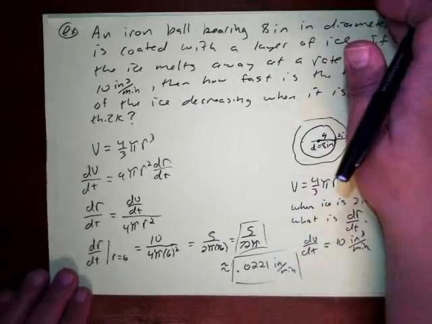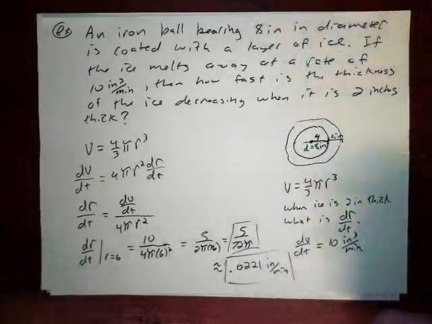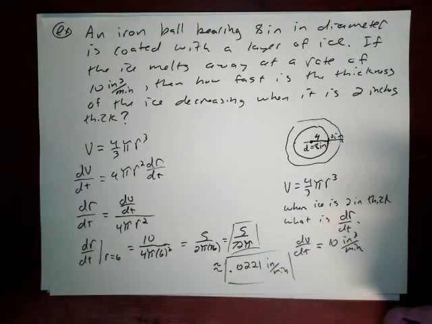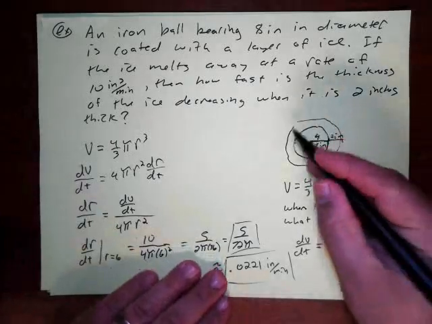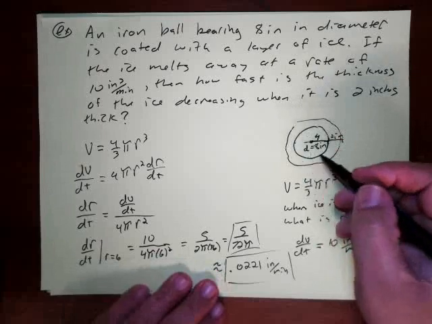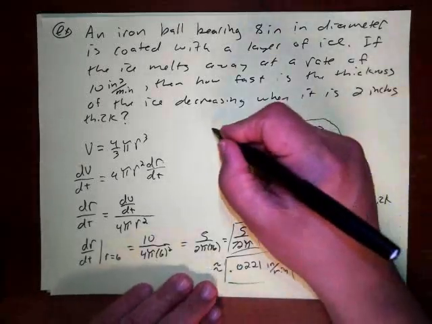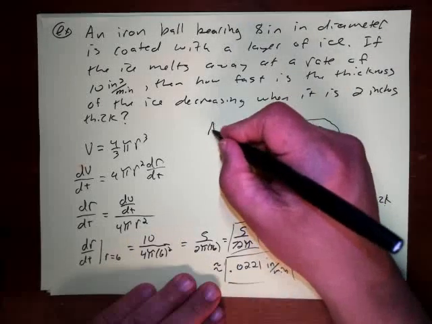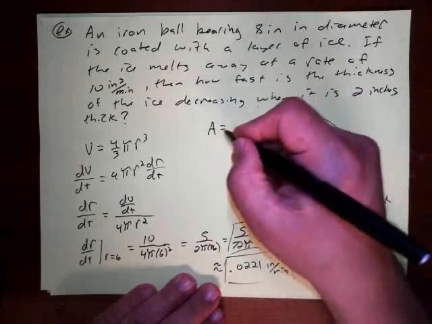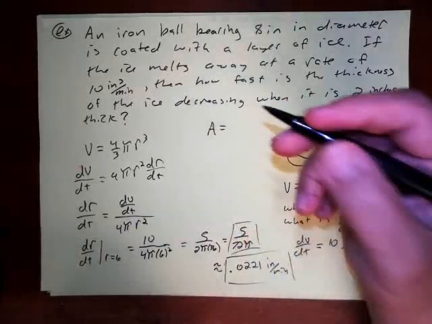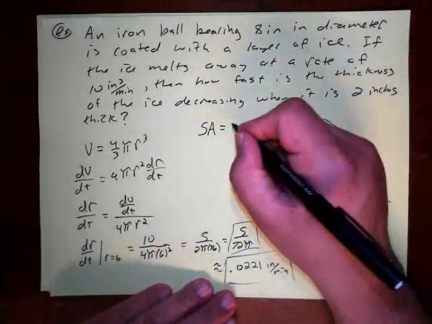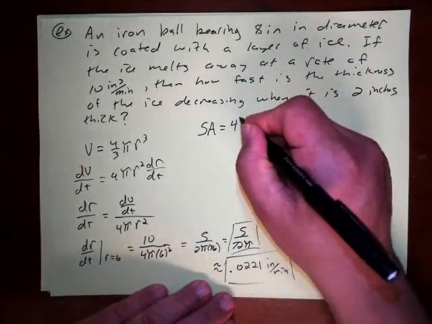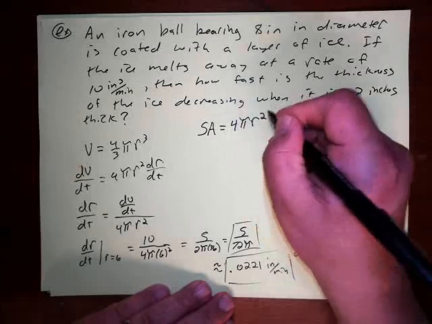So there's a second part to this problem, and it is, what is the rate of decrease in the surface area of that ice? The surface area, let's just say SA, of a sphere is just 4 pi r squared.